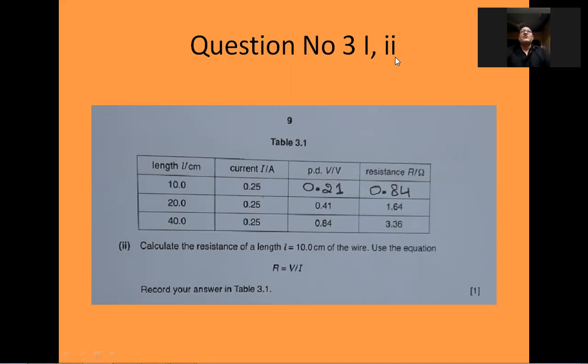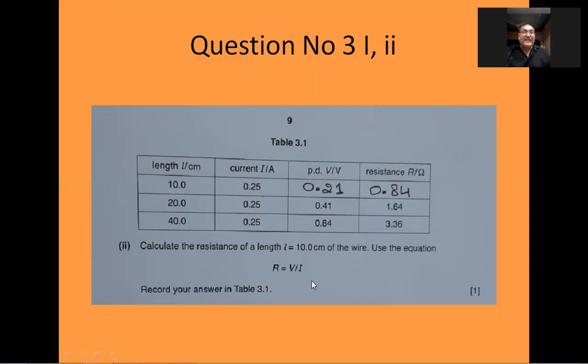So very easily you can find the resistance. The formula is given here: R equals V by I. In your calculator, divide 0.21 by 0.25, and you will get 0.84 ohm. So the resistance will be 0.84 ohm. That was question number 3A, its second part.